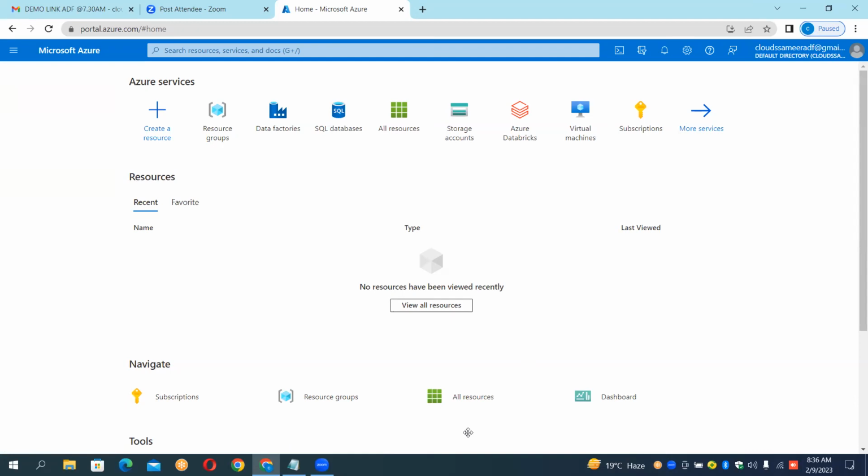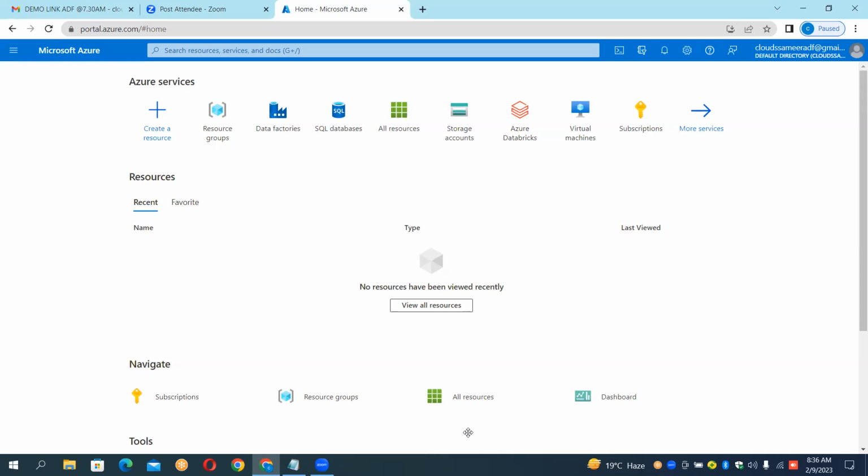Is there any criteria to be an Azure data engineer, or to be a student of Azure Data Factory? Sir, actually, I'm from the commerce field.